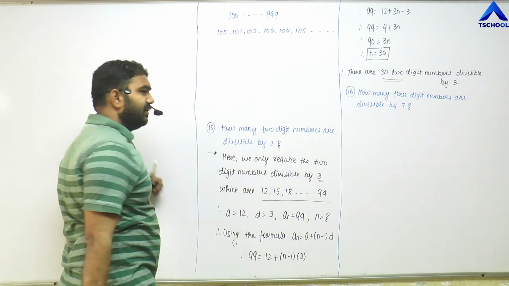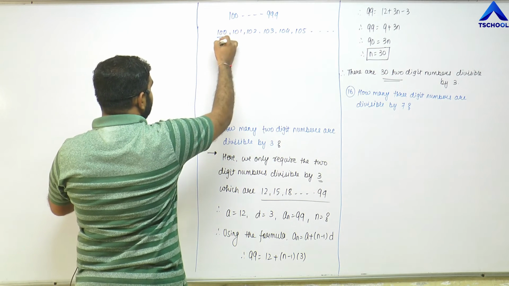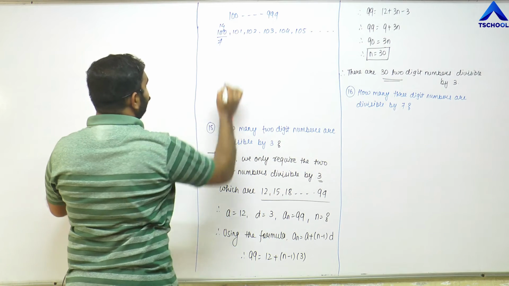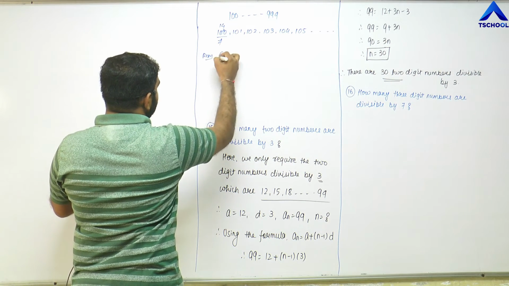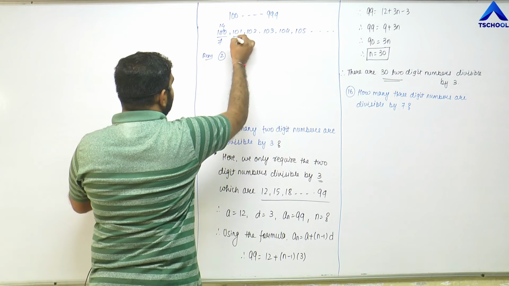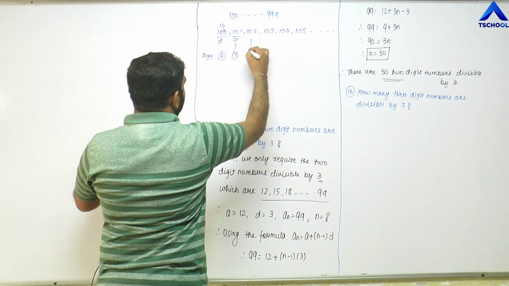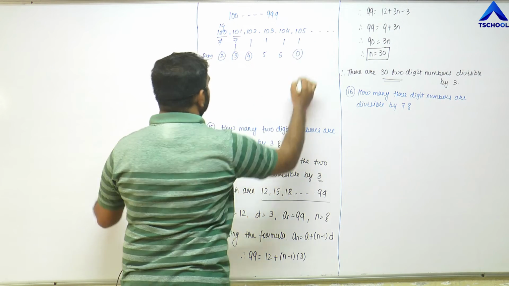Check whether 100 is divisible by 7 or not. If I divide this by 7, I shall get 7 into 1, 7, and 30, 7 into 4, 28. So this will give me 2 as remainder. If I divide 101 by 7, this will give me 3 as remainder. This will give me 4, this will give me 5, this will give me 6, and this will give me 0.